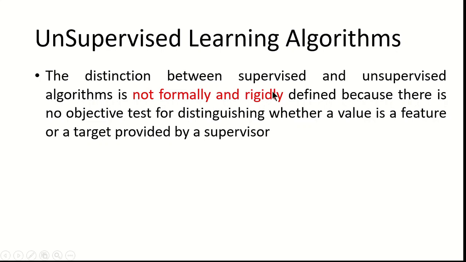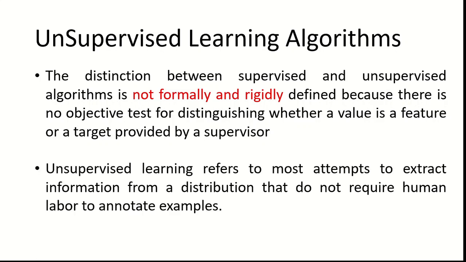The distinction between supervised and unsupervised algorithms is not formally and rigidly defined, because there is no objective test for distinguishing whether a value is a feature or a target provided by the supervisor. So we cannot actually clearly distinguish between supervised and unsupervised learning algorithms.